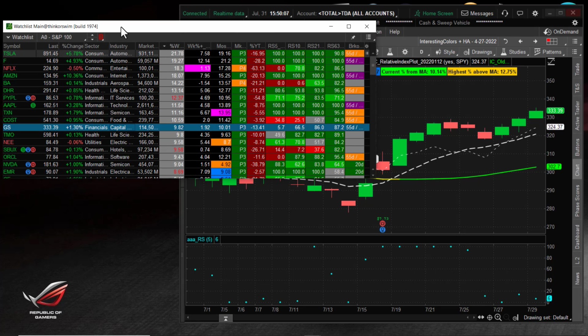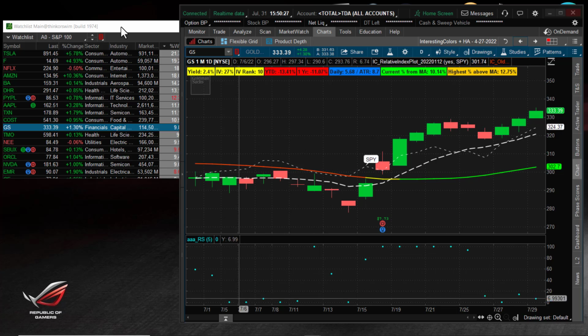So here it is for the relative strength for the last 5 days. 5.7 is what it shows. And the cells are colored in accordance with the strength of the plot. So for the last 5 days, we were sitting at 6.